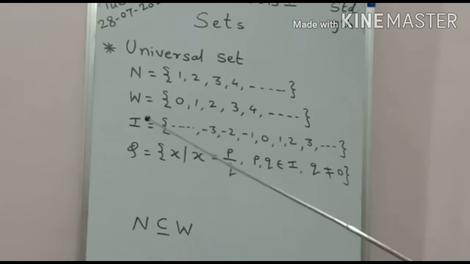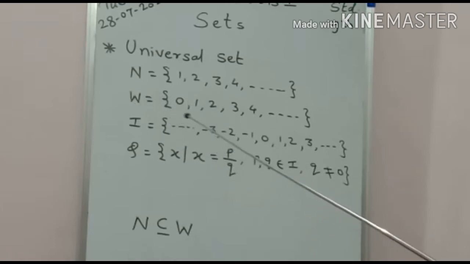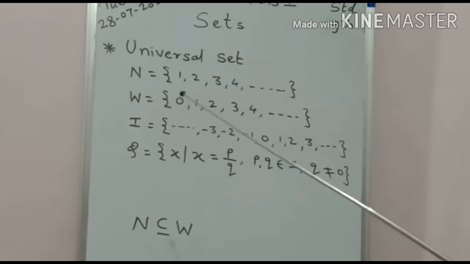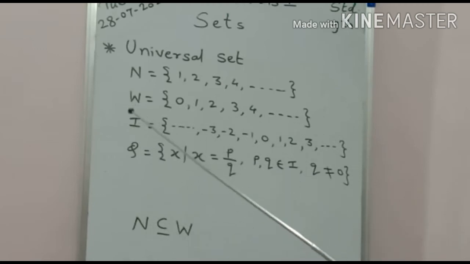Then integers: as you observe, all whole numbers and also all natural numbers are in the set of integers, and hence we can say N is a subset of W and W is a subset of I, integers.